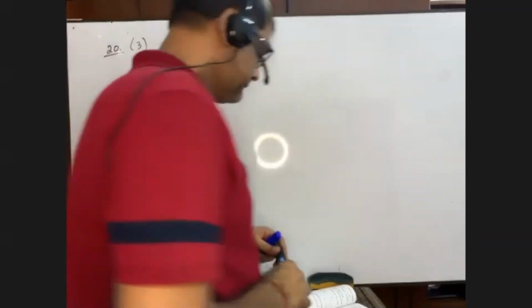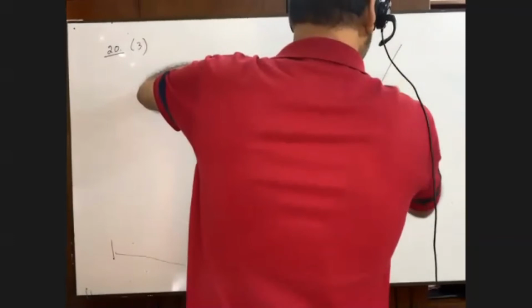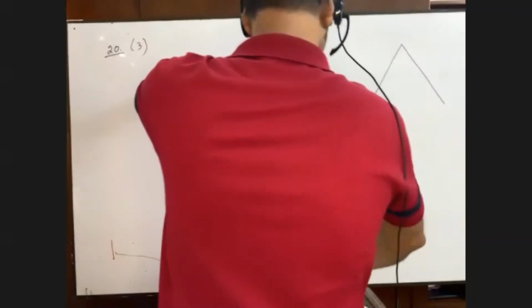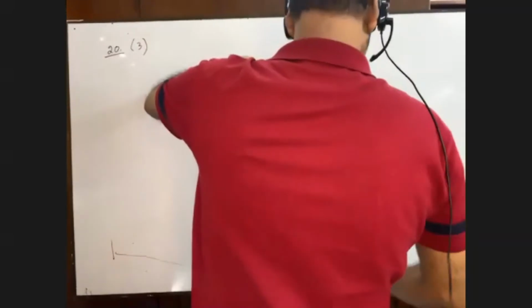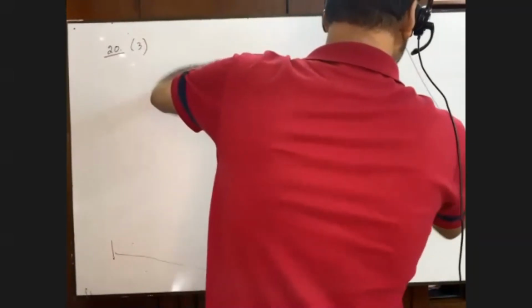Suppose it is a triangle ABC. You see what I am going to do. I am going to draw it again. It is a triangle ABC.